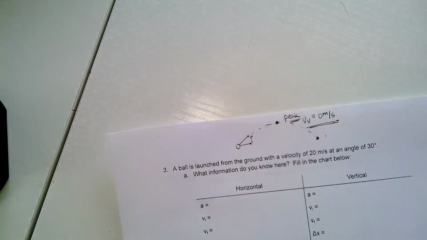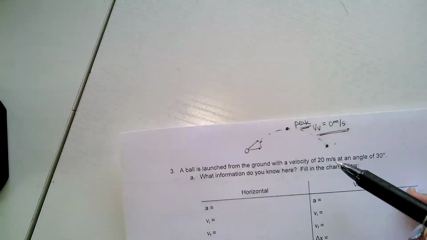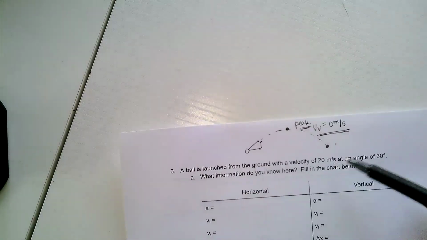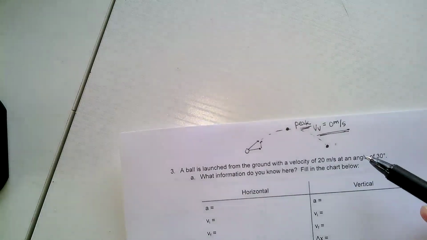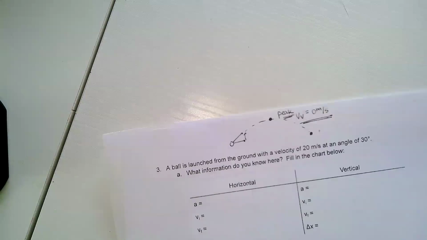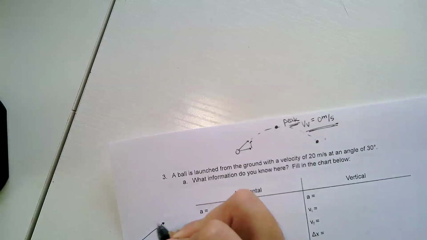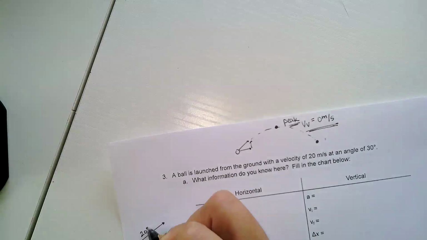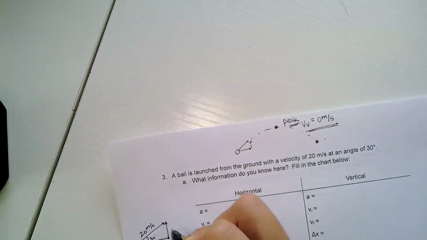So what do I know here? It's being launched at a velocity of 20 meters per second and an angle of 30 degrees. So what that means is the diagonal is 20, the angle is 30. So we need to find what that initial vertical velocity and initial horizontal velocity are.